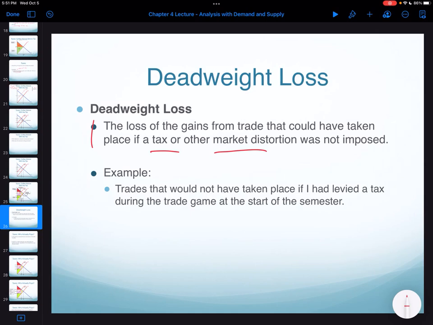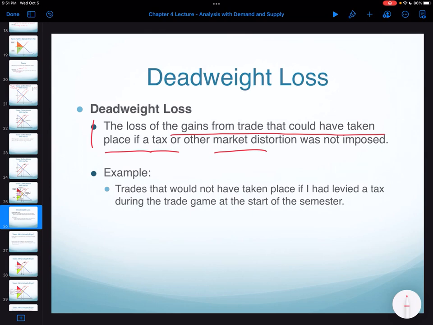And so fewer buyers want to buy coffee, which means sellers aren't able to sell as many cups of coffee. And so there's a bunch of trade and exchange that don't take place now, right? And so that's what deadweight loss represents, right? It represents the loss of gains from trade that could have taken place if the tax was not there, okay?